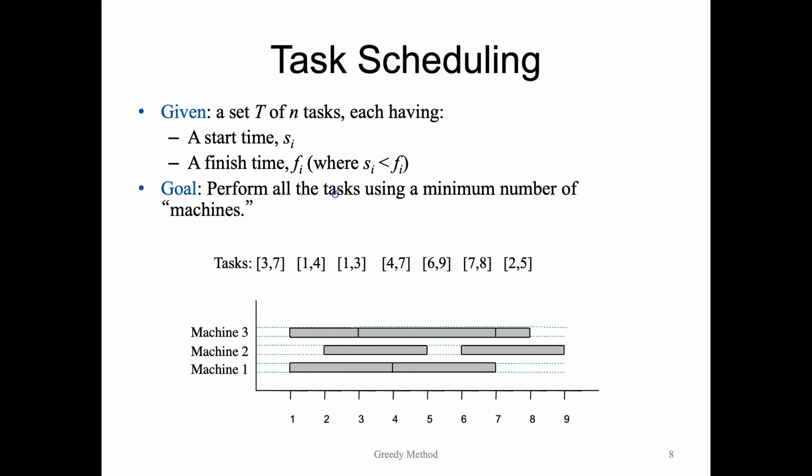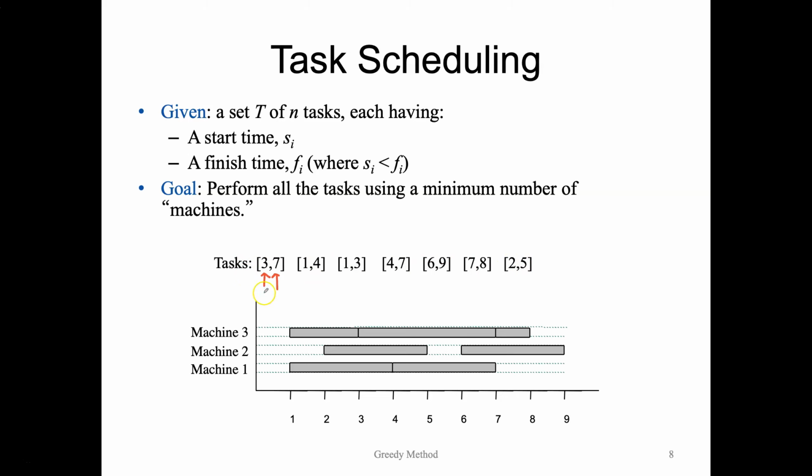Okay, so for example, if we were given the following tasks, here we've got the start time and the end time, and these are fixed. Again, we can't move them around and start or end them at different times. We can execute all of these tasks using only 3 machines, and this is optimal.